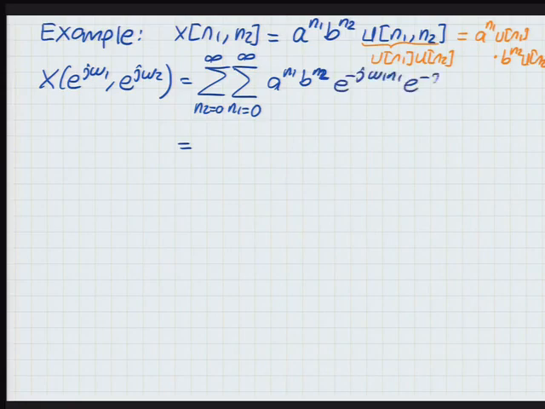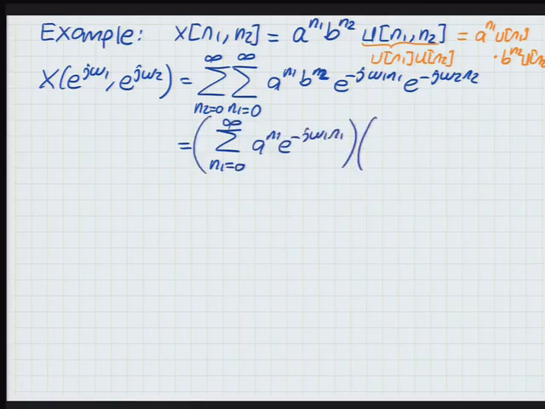So I can write this as the product of this sum, a to the n1 e to the negative j omega 1 n1, times the sum, this time over n2, b to the n2, right?